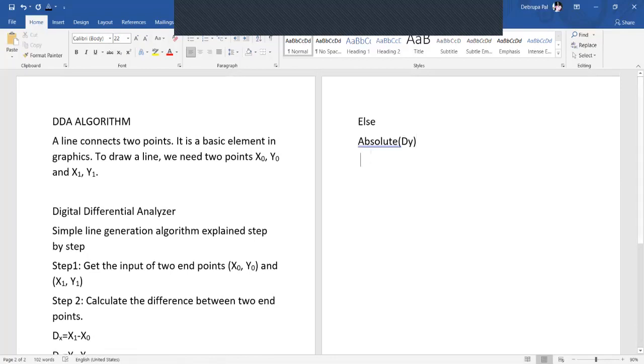Now what is step 4? This is step 3. Now if we look into step 4, step 4 is calculate the increment in x coordinate. Increment in x coordinate means the progress in x coordinate. Calculate the increment in x coordinate. Similarly, in y coordinate also.